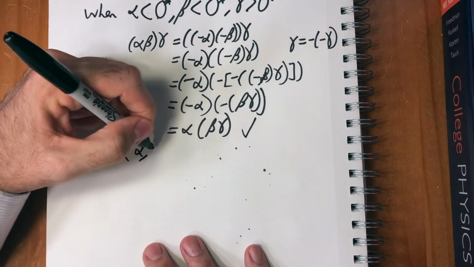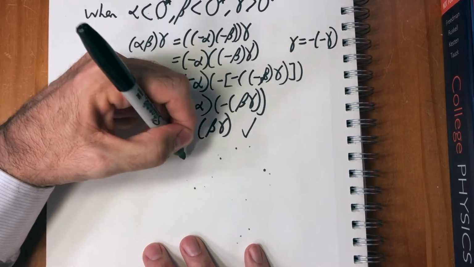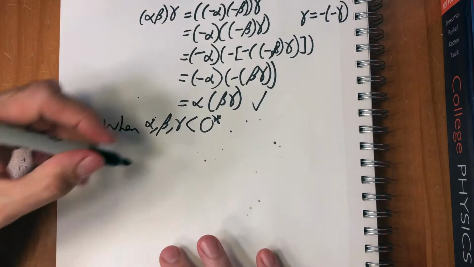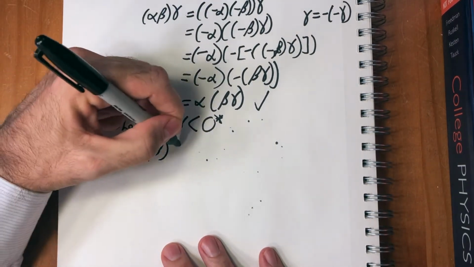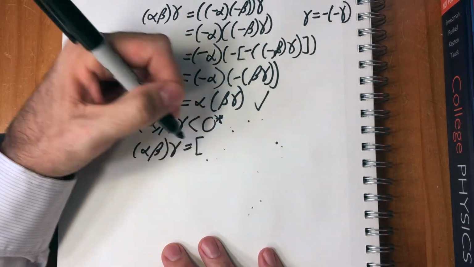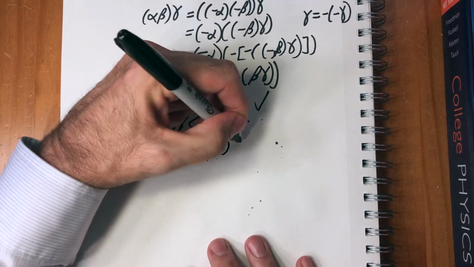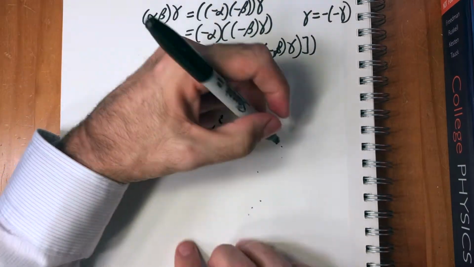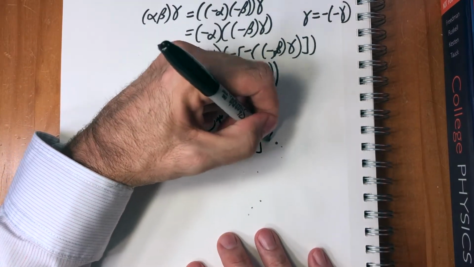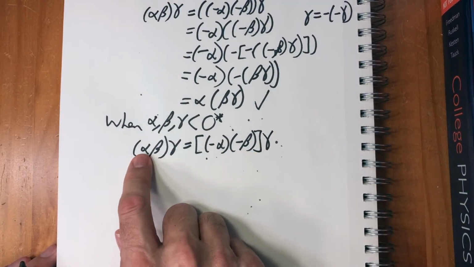When alpha, beta, gamma are all less than 0. So we have that alpha, beta, gamma equals, and so we redefine this, negative, negative, so that's minus alpha minus beta times gamma. That's just the definition. Now, these are both positive.